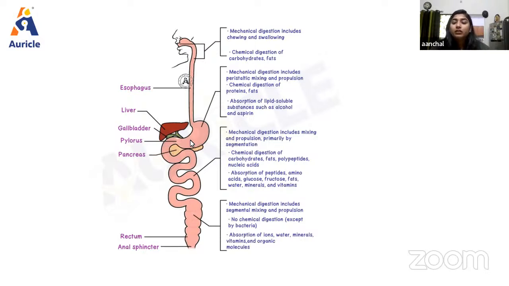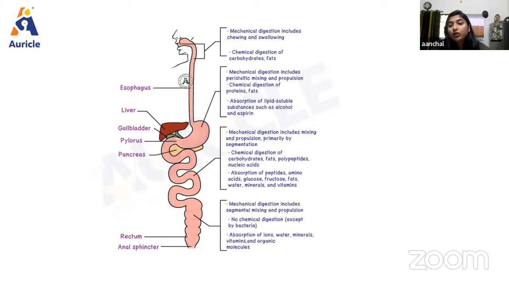Okay, so one by one, we're going to revise the functions which we have already discussed. First, the mouth. Mechanical digestion includes chewing and swallowing. Then chemical digestion of carbohydrates and fats also occurs here with the help of enzymes.